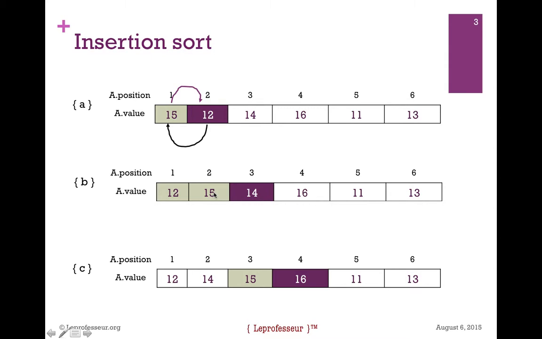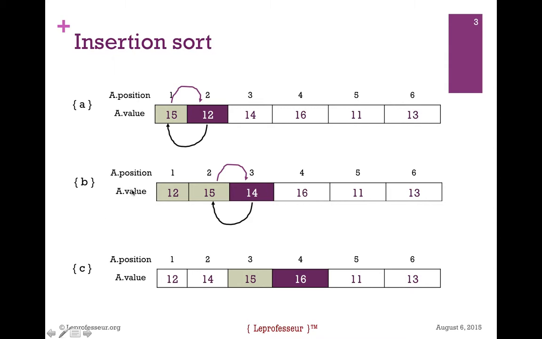So what we do? We move number 15 to the next position, that is position number 3. So the 15 goes to position number 3 and 14 is at position number 2. Now we move to the next number in the backward direction.